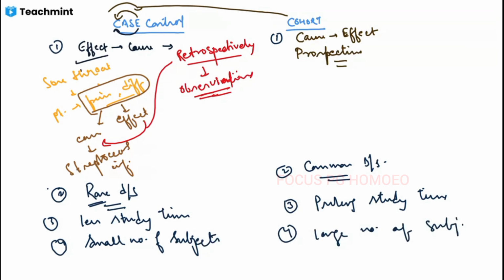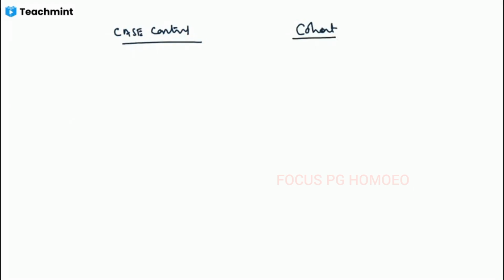Then, when we have fewer people, whenever the numbers are very small, the chances of bias are more.